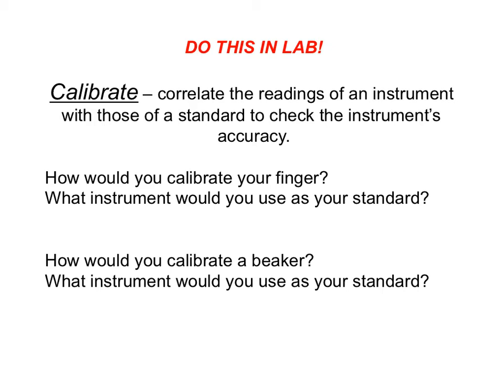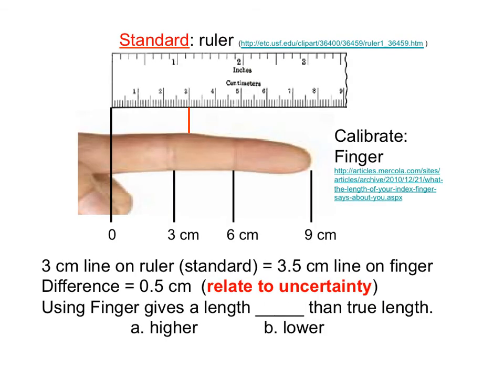Measuring devices need to be calibrated. That is, we want to correlate the readings of an instrument with those of a standard, to check how accurate the instrument is. So stop the video and figure out how you would calibrate your finger and how you would calibrate a beaker. This picture shows how a ruler can be used to calibrate your finger.